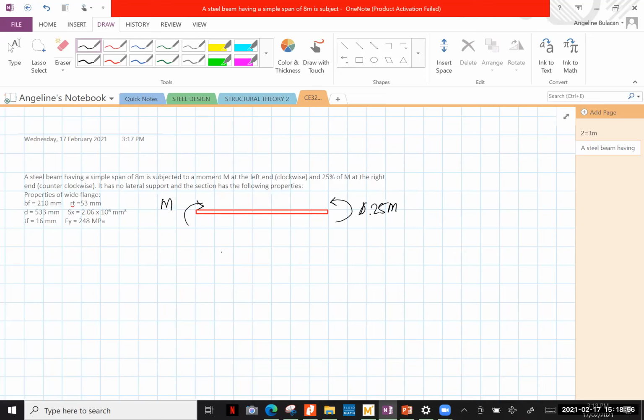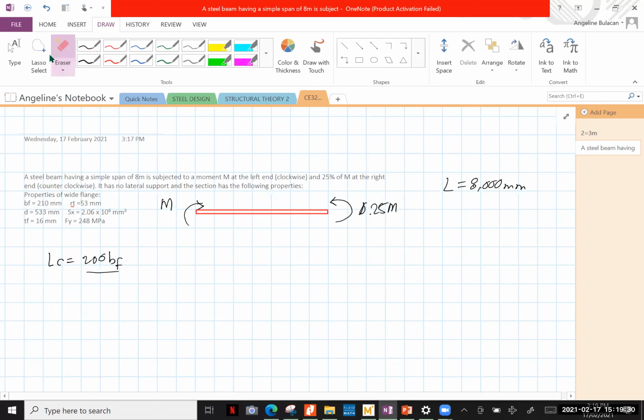So it has no lateral support. Section has the following properties. So ang length natin is 8 meters. So length is equal to 8,000. So first step, compute natin yung LC, no? We have 200 BF over 2TF times square root of Fy, nabaliktad ko.